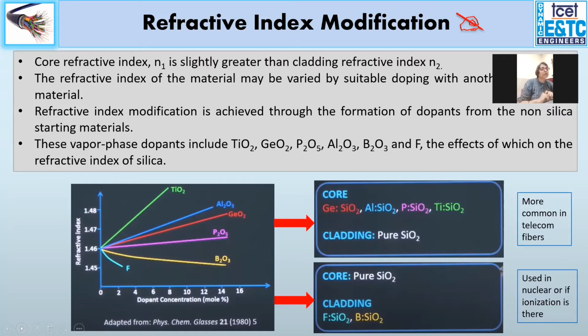All these glasses change the refractive index, and as per the doping profile that is required, the concentration of the dopant is varied, and it has to be conducted in a very controlled manner, because only then will we get the required profile.